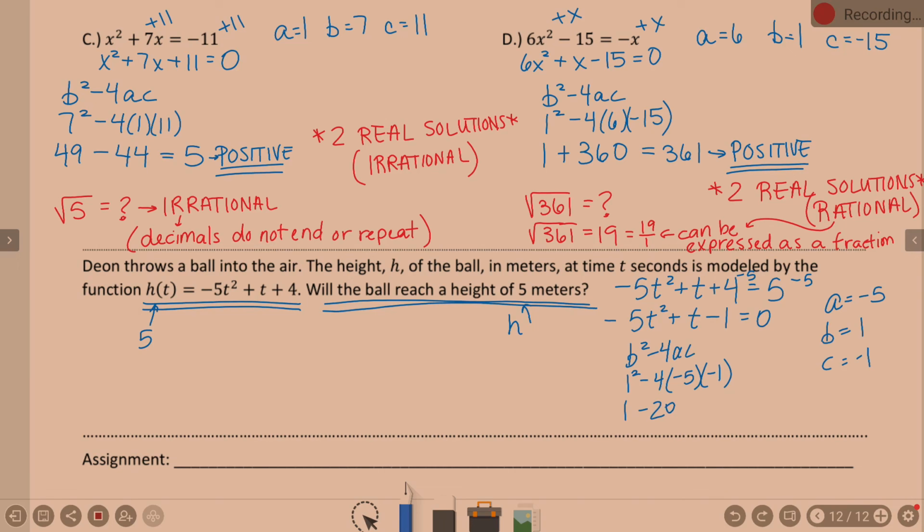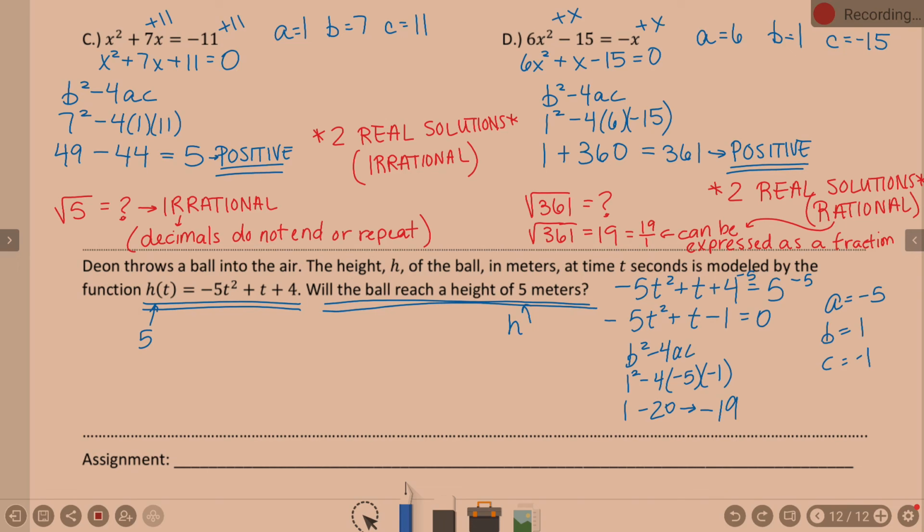What do you know about 1 minus 20? It's negative 19. What's a negative discriminant say? There's two non-real solutions.